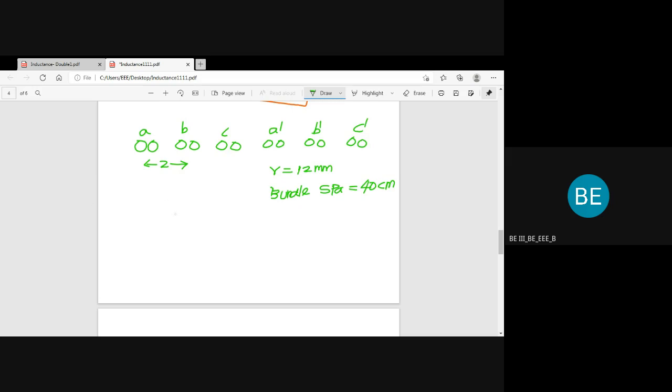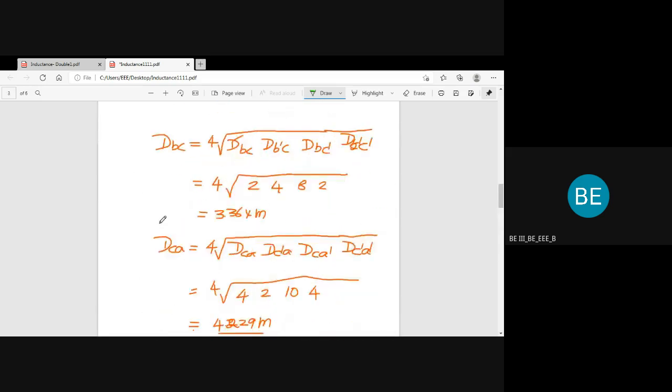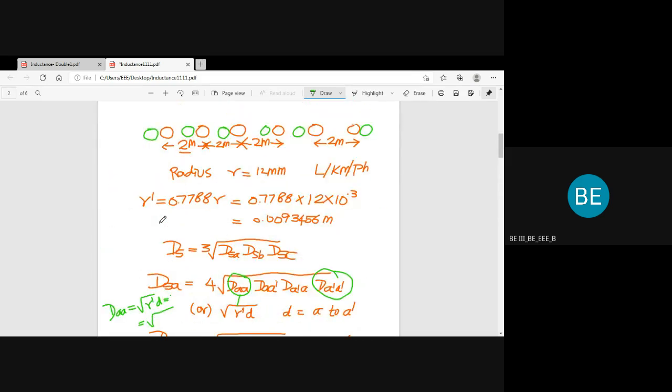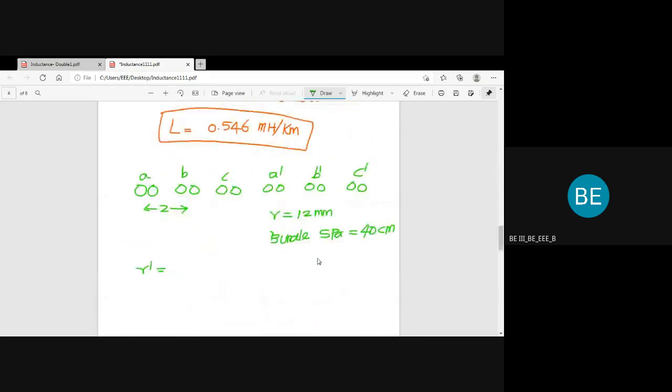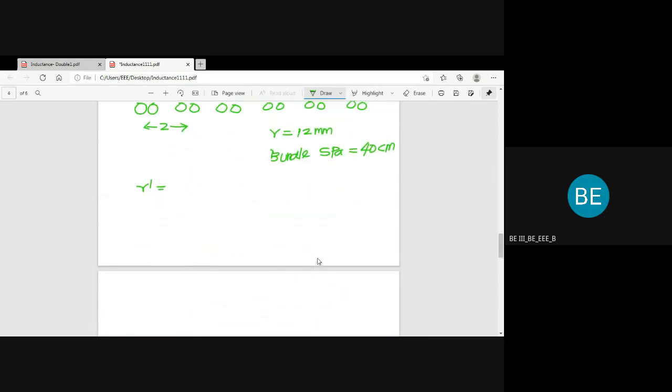So if we consider R dash, so same value. So what we have find out here, so it will be 0.00934 meter. So R dash will be 0.0093456 meter.